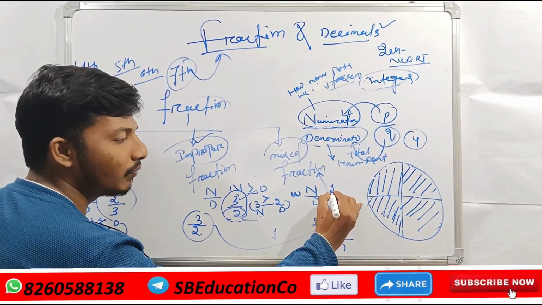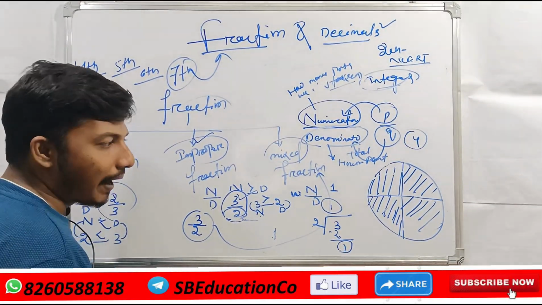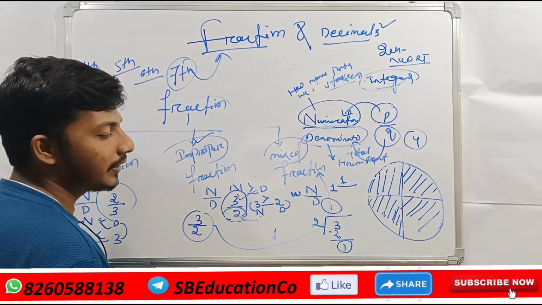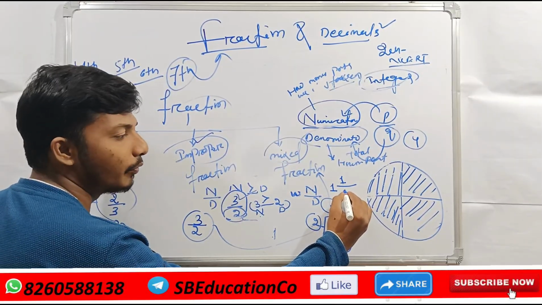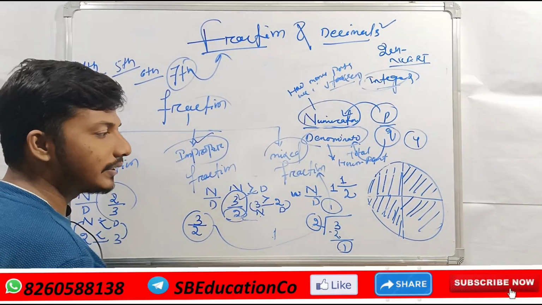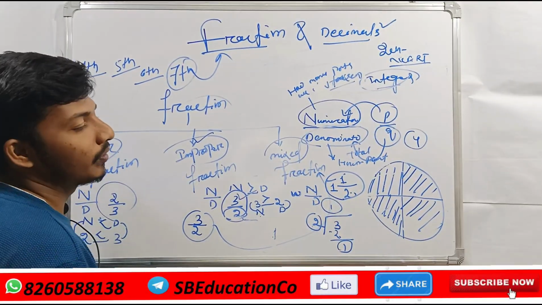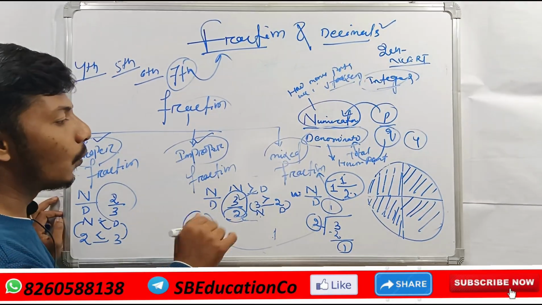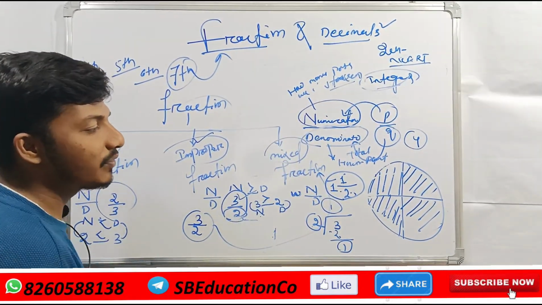So you have written one whole, and what is your remainder? You write it in the numerator place, that is 1, and the divisor becomes the denominator. That means 1 whole 1 by 2 is your correct answer. Understood? 1 whole 1 by 2 is also known as a mixed fraction.